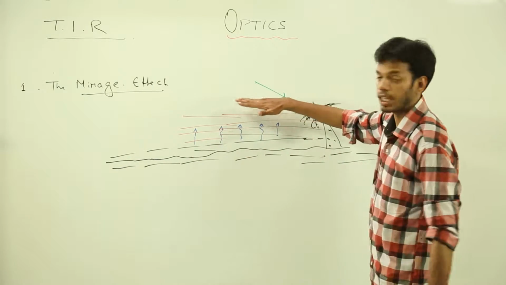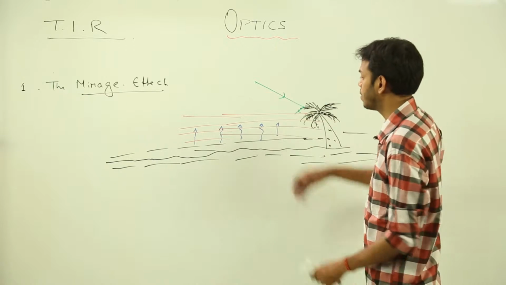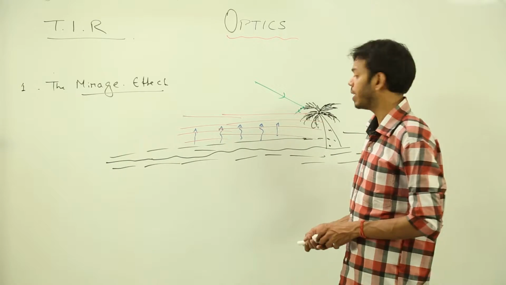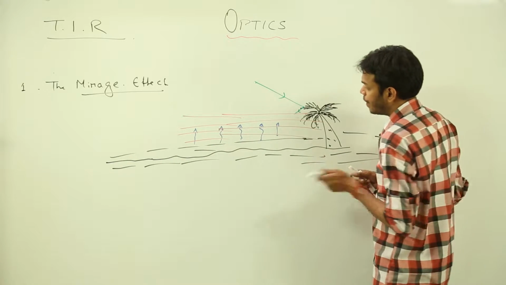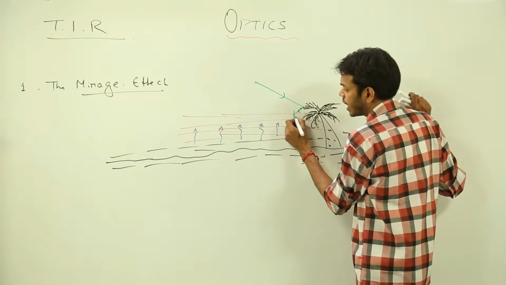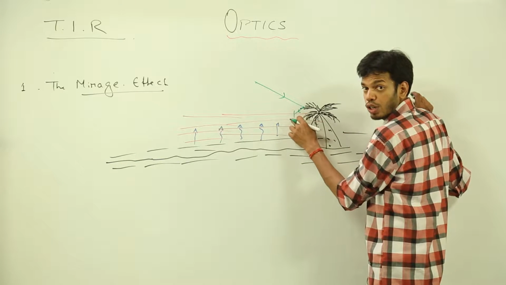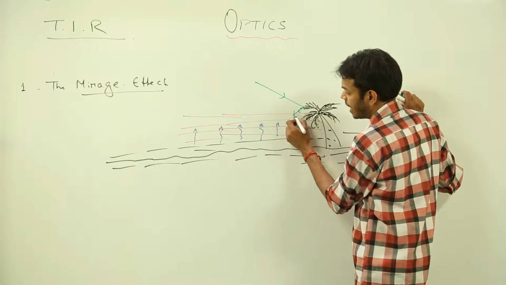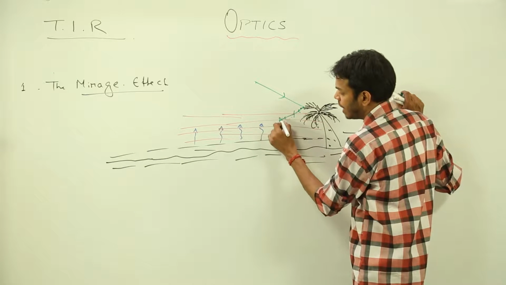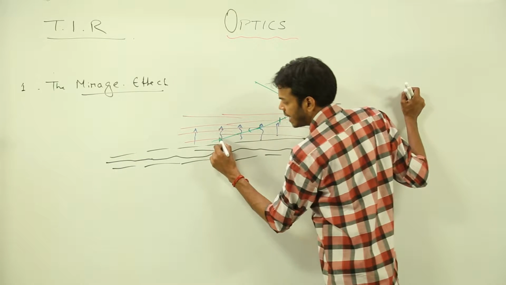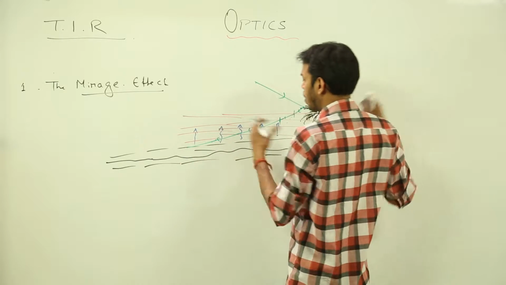For example, the density of the topmost layer will be maximum, whereas the density of the lowermost layer would be minimum. So this ray which is traveling from denser to rarer medium, it will bend away from the normal. Instead of going straight, it will bend away from the normal. Similarly, at every point the ray tends to bend away from the normal and it keeps on bending.